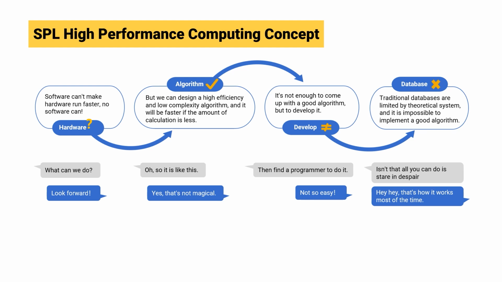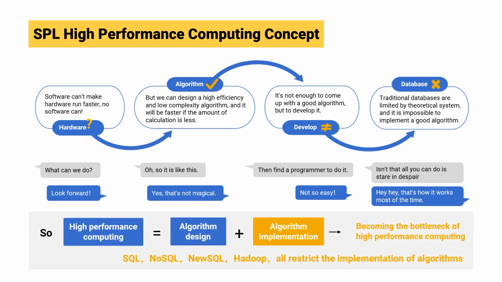This algorithm also needs to be able to be written, that is, to be implemented in programming language. However, due to theoretical limitations, SQL provides inconvenient data types and operations, making it difficult or even impossible to implement many high-performance algorithms. If the optimizer also faints, it will only result in low performance. So we say that algorithm implementation often becomes a bottleneck that restricts high-performance computing.